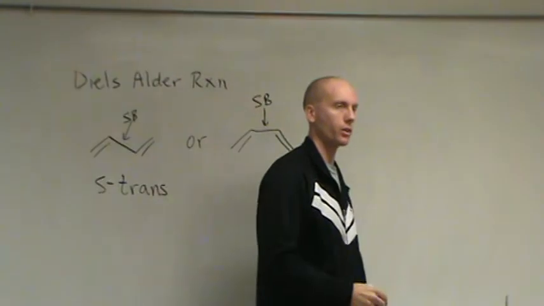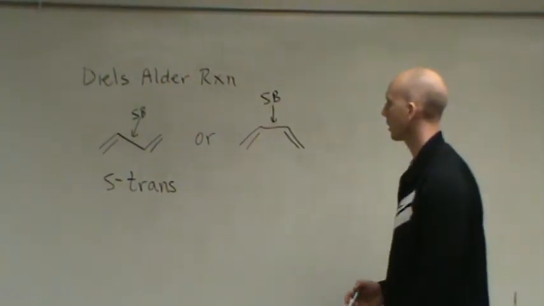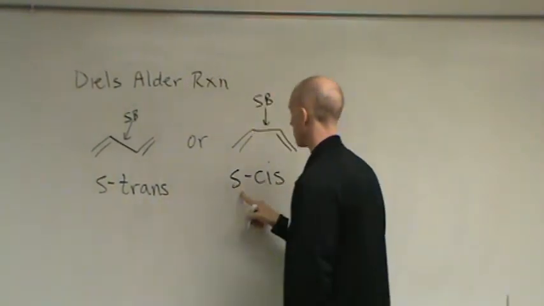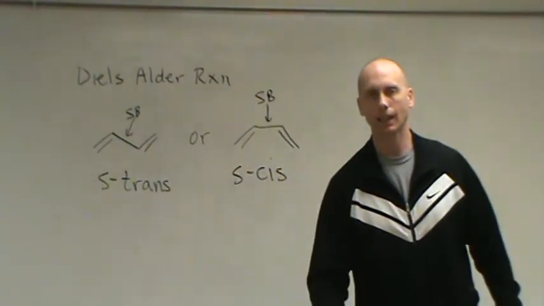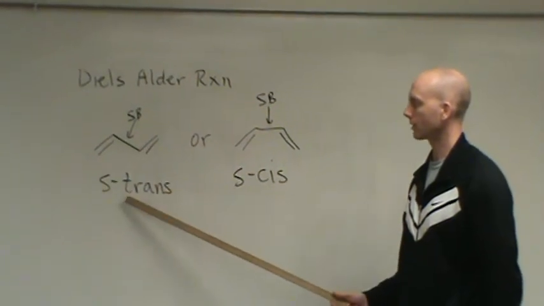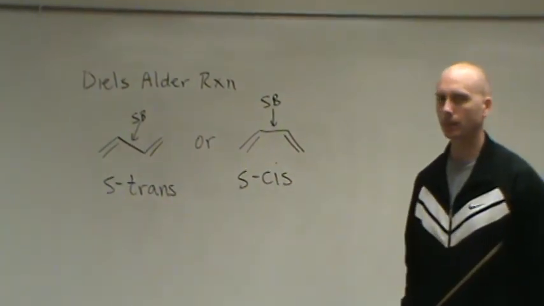So this is what's called the S-trans diene, whereas over here, this is called the S-cis diene. What do you think the S stands for? Yes, it stands for that single bond. So we're trans about it or cis about it.